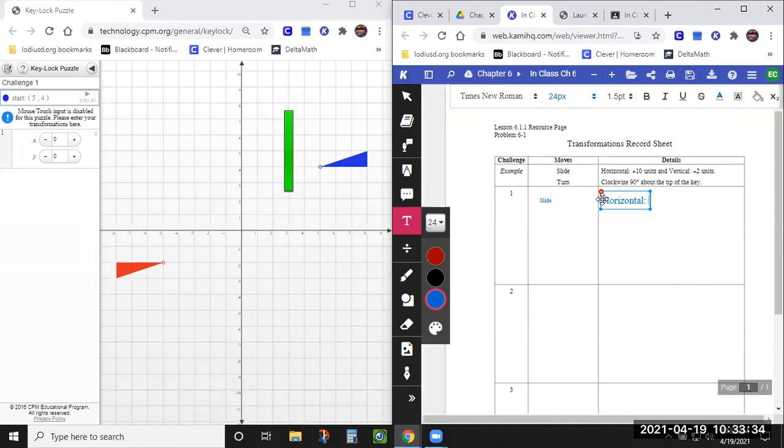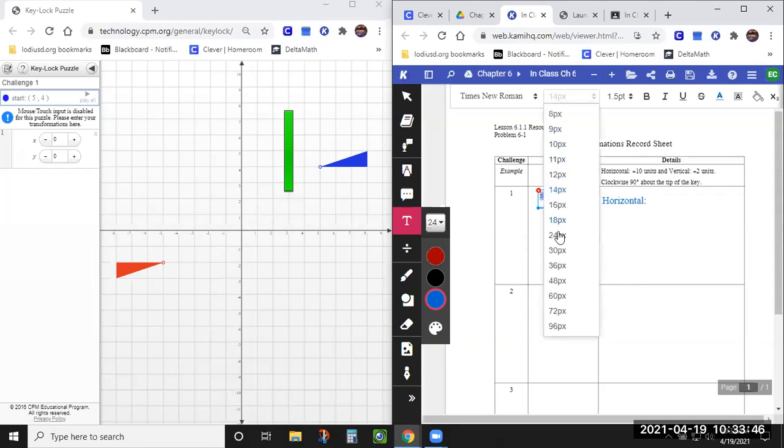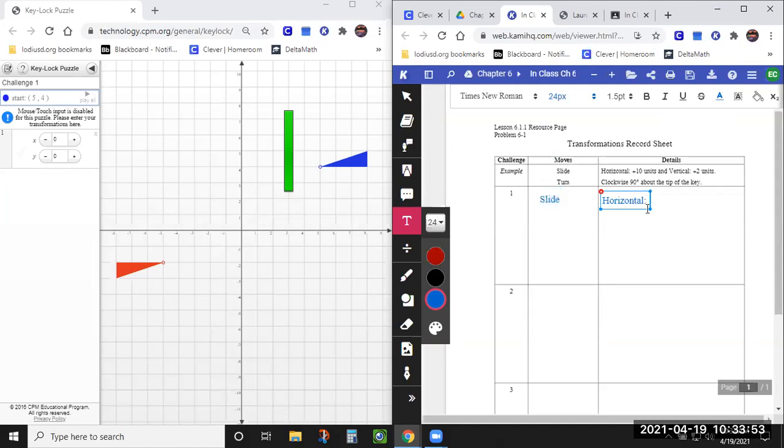Okay. We have said we want it to slide. Do we want it to slide down? Up? Left? Right? With the horizontal, that's the left and right. Do we want it sliding sideways, or do we want to only make it slide up and down?